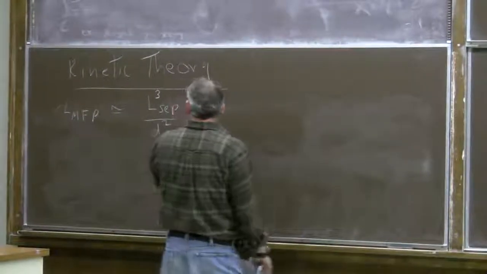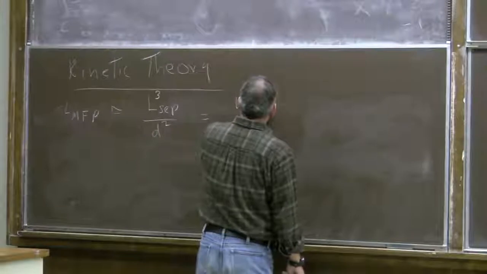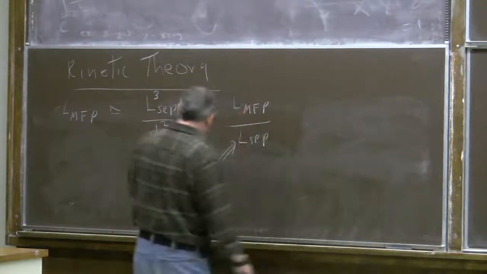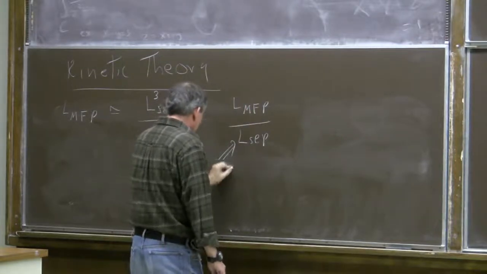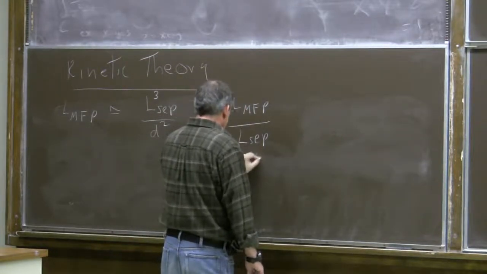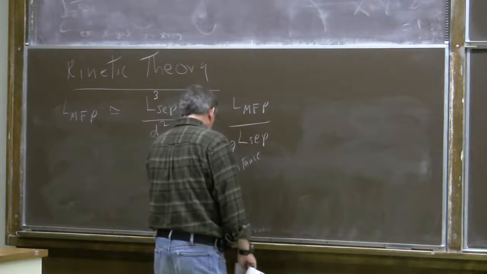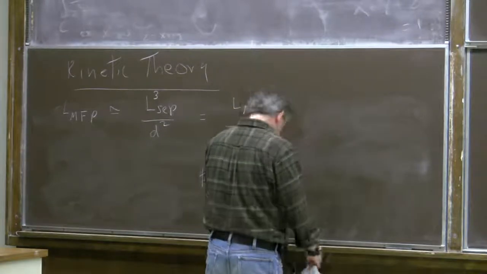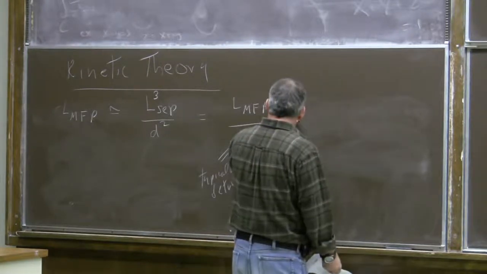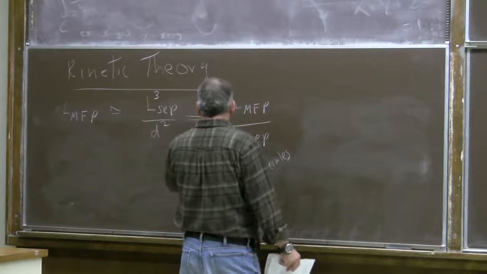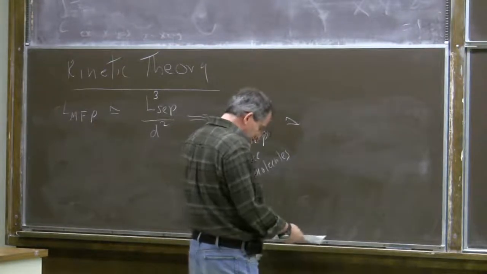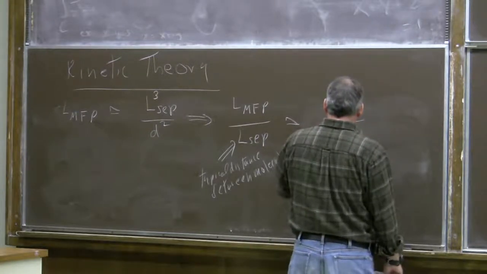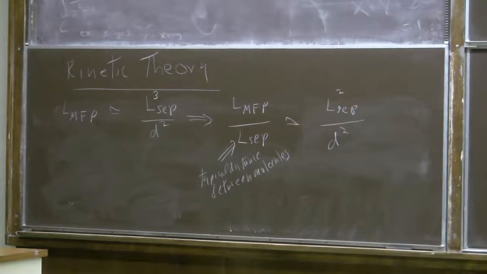So if we compare the mean free path to this mean typical distance between molecules, then that goes like the separation divided by the size of the molecule squared.